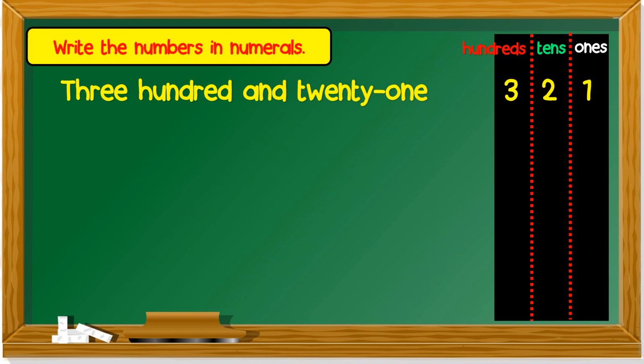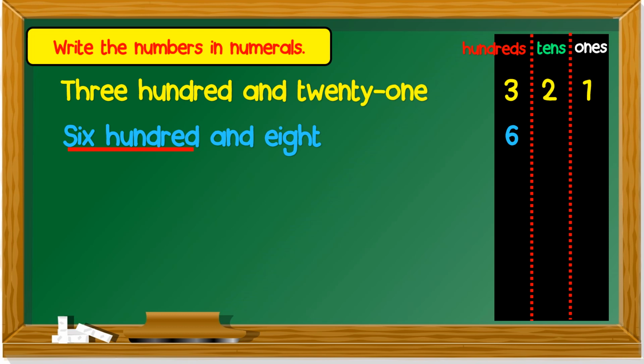Next one, we look at this one. 608. We find the hundred first. How many hundreds? 6. So we write 6 in the hundreds column. Any tens? No, no tens, no TY.